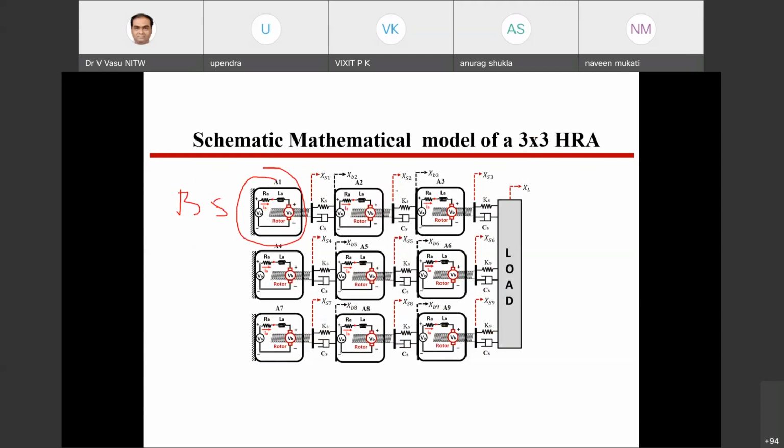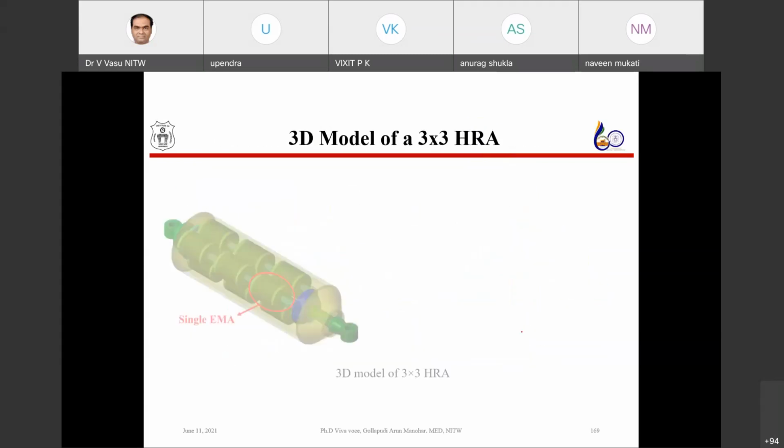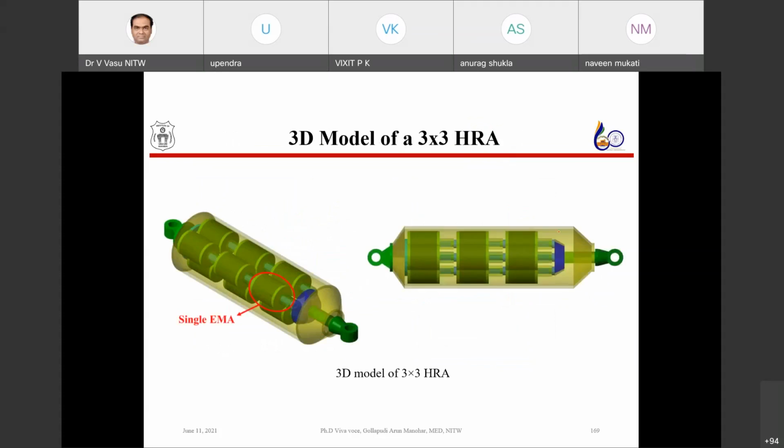By combining these base systems, we have made a modular actuator, or the redundant actuator, like this. And this is the block diagram representation of the 3x3 HAR. The 3x3 means we have 3 actuators in series combination and 3 actuators in parallel combination being connected. If you make this 3x3 actuator, it looks like this.